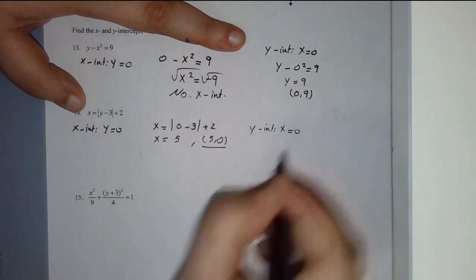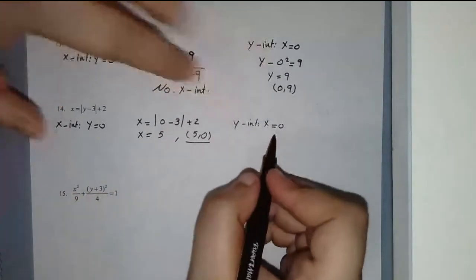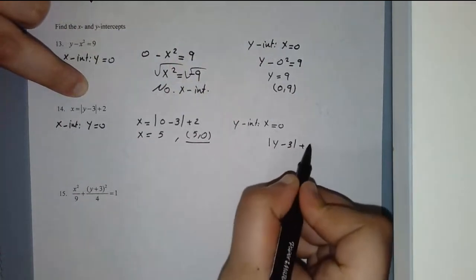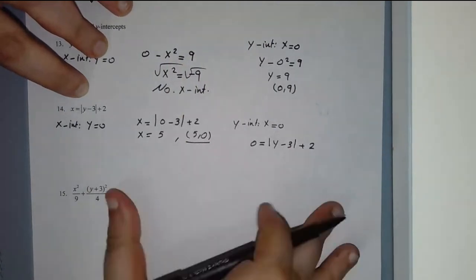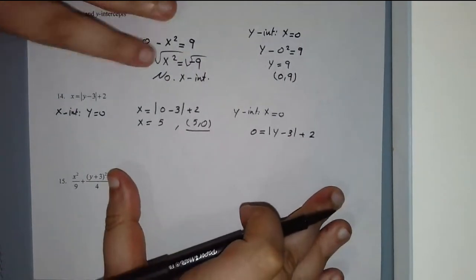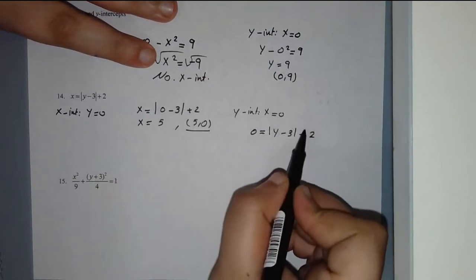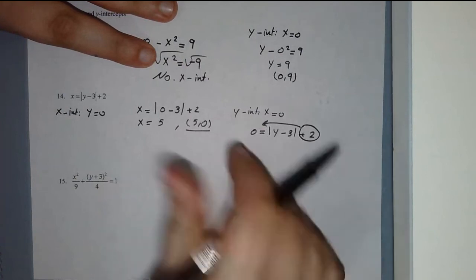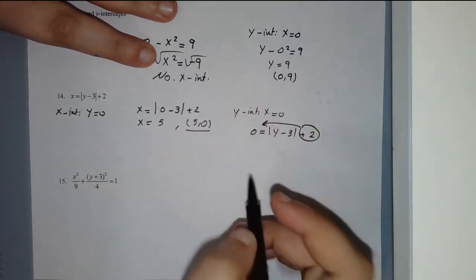For the y-intercept, x is 0. All right. Now, we have the absolute value of y minus 3, plus 2, and it equals x, which is 0. Okay. Now, to solve the absolute value, the rule is move everything you have to the opposite side. Isolate it. So the 2 moves here and becomes negative.